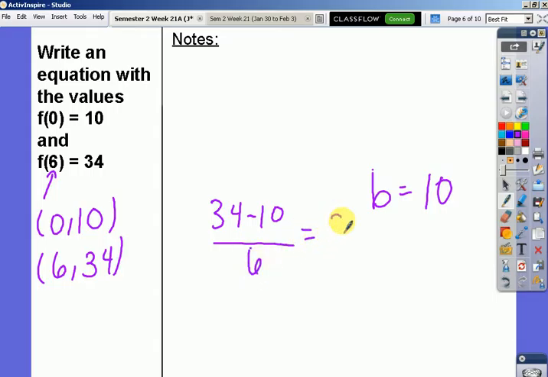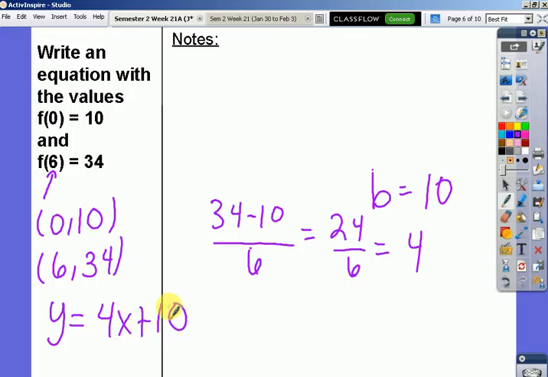So we have 24 over 6, which is 4. So what's the equation? Y equals 4x plus 10. Okay. Do you have any questions about that?